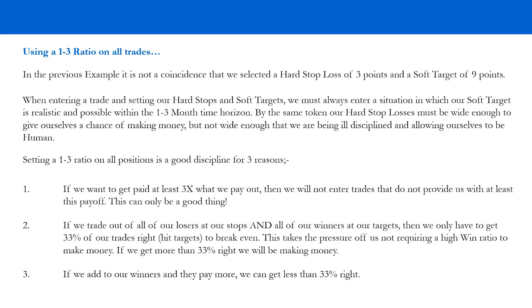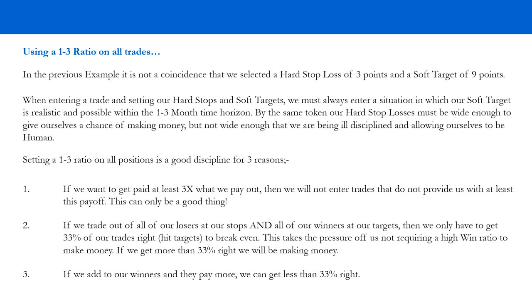So approximately your soft target should be 3 times greater than your stop loss. But the same principle applies in that your soft target should be within the realms of reality when looking at volatility within the 1 to 3 month time horizon.